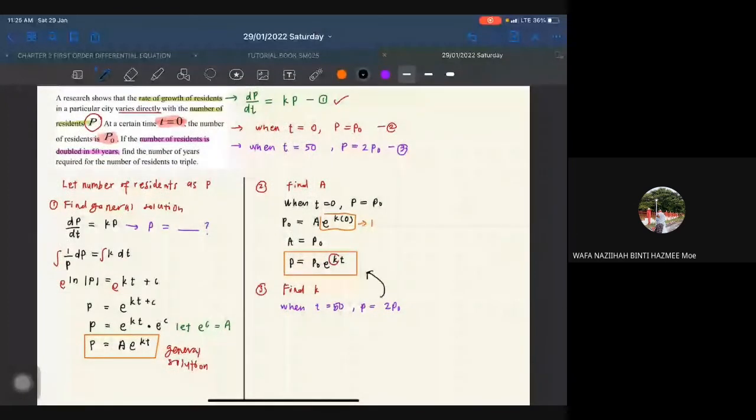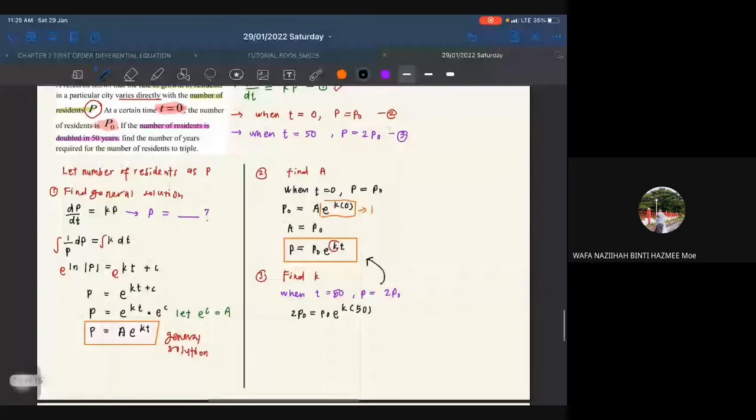Alright, so you will get 2 P naught is equal to P naught E K times 50. Okay, so boleh cancel out kan this one dengan this one. So awak akan dapat 2 sama dengan E power of 50K.